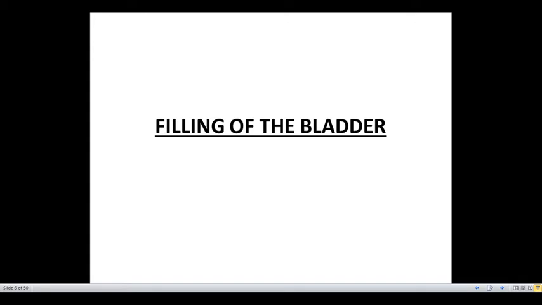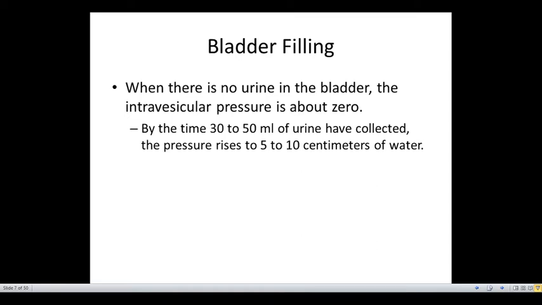Filling of the bladder. When there is no urine in the bladder, the intravesical pressure is about 0 centimeters of water.